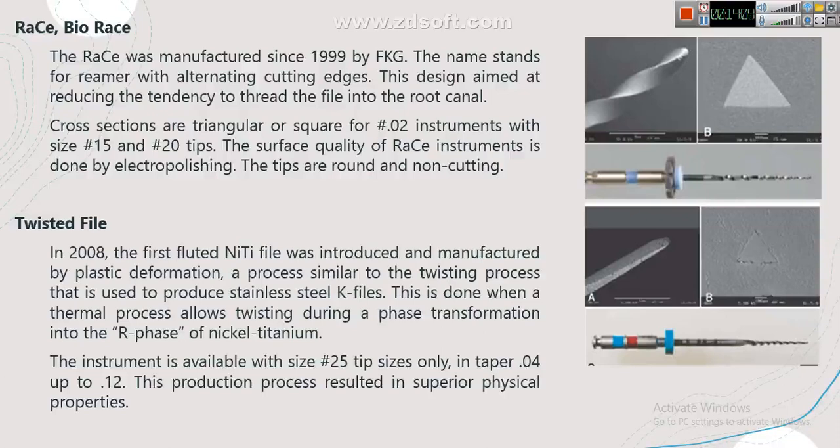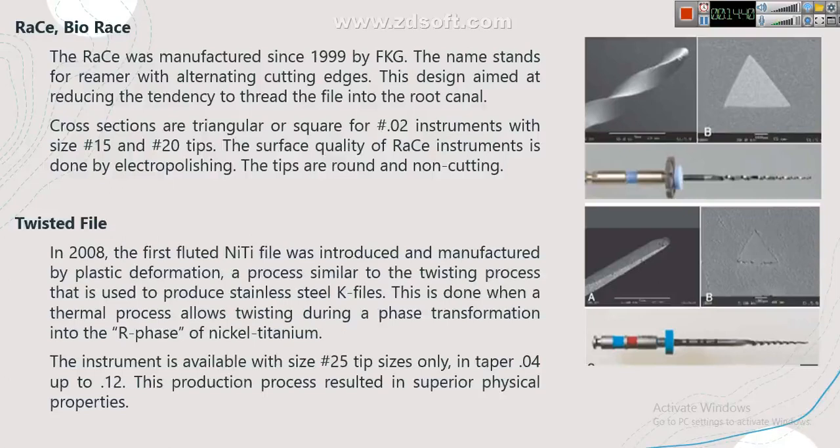The surface is polished, then an electrolyte is applied, and the efficacy of the file's cutting property is improved. The tips are round and non-cutting. If we look at the end of the file, it is not cutting, and it is shaped to help the dentist remove debris and do good shaping within the canal system.